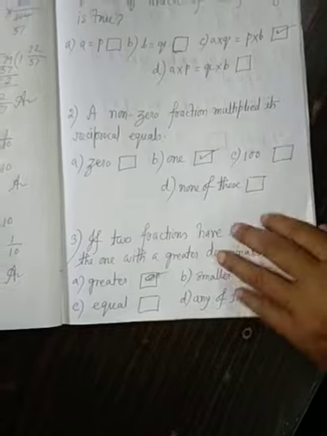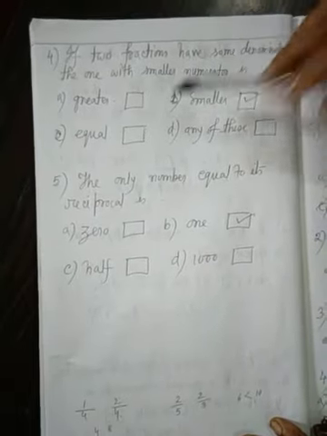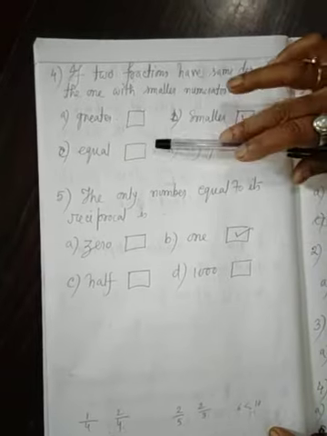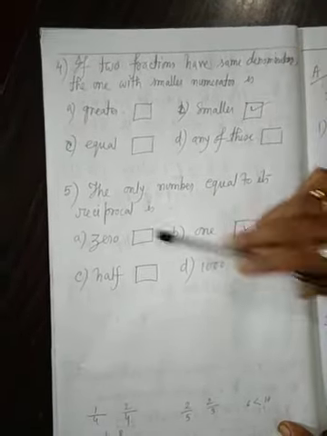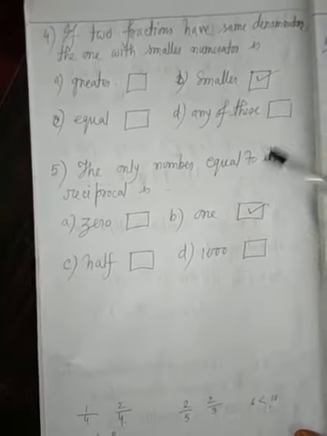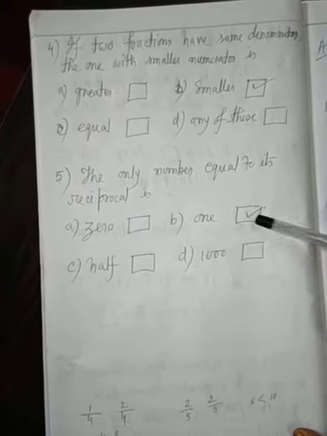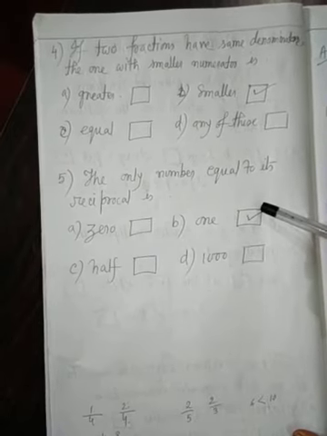Smaller. 4. If two fractions have the same denominator, the one with the smaller denominator is greater, smaller, equal, any of these. Smaller. 5. The only number equal to its reciprocal is 0, 1, half, 1000. Answer: 1.